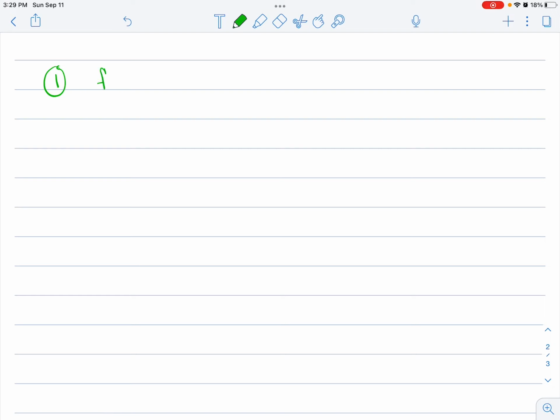So the first one, of course, the parent function for this first one is the root function. So if you would like to graph the root function first and then compare it, that would probably not be a bad idea. So here's the first one. The second one's parent function is the absolute value function.